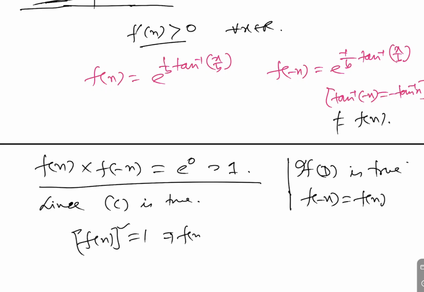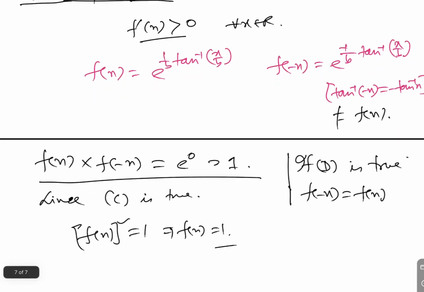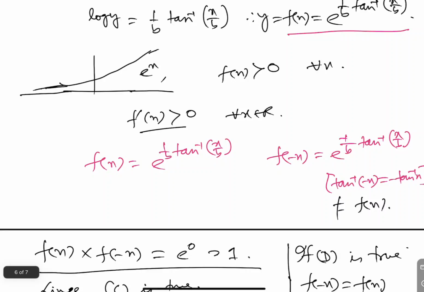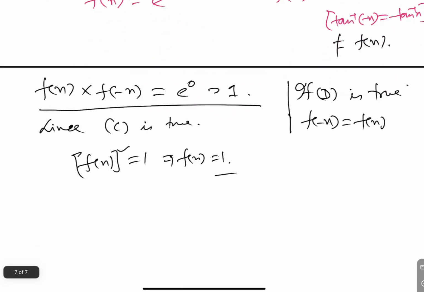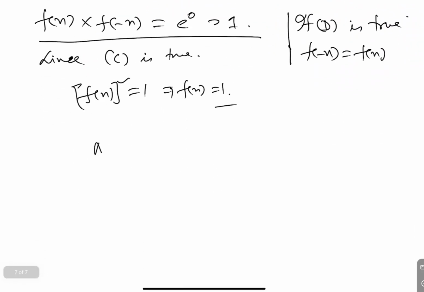That is f(x) equals 1, using the continuity of this function. So f(x) is a constant function, but as we can see that f(x) is not a constant function, so option D cannot be true. So our correct options are option A and option C.